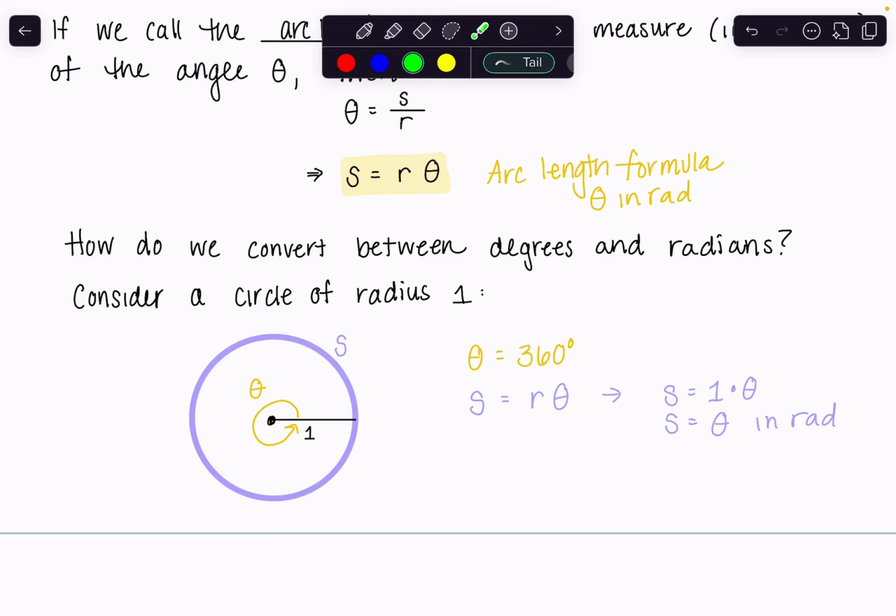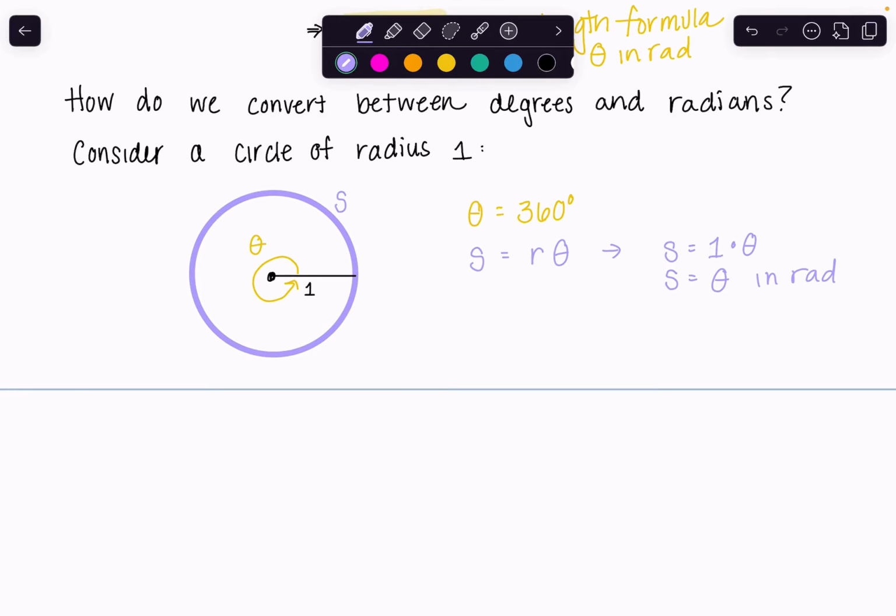However, I do know a formula to compute this distance. It just comes from the circumference of the circle. My entire arc length in this case is the full circumference of the circle. So here, S is the full circumference.